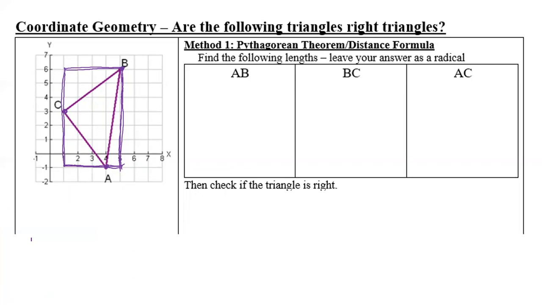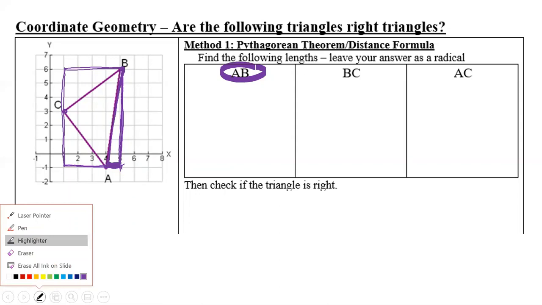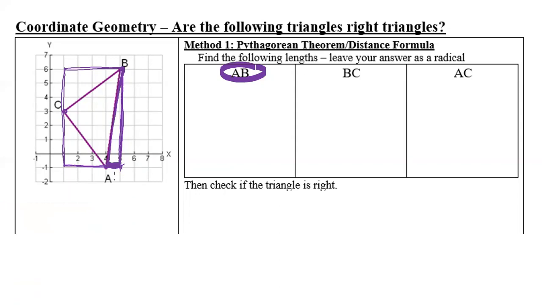Okay, so let's start with AB. AB is this triangle here. What we're going to do is count our sides. This side of the triangle is 1 unit. And then I count up 1, 2, 3, 4, 5, 6. This is 7 units. So I'm going to use the Pythagorean theorem to find AB. AB squared equals 1 squared plus 7 squared.